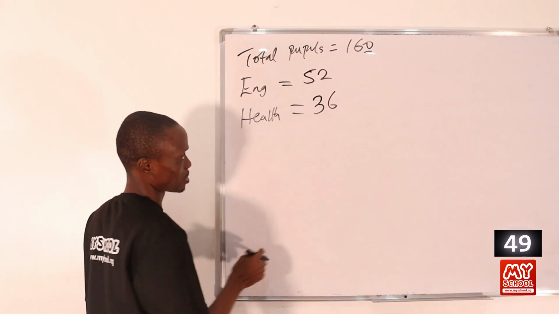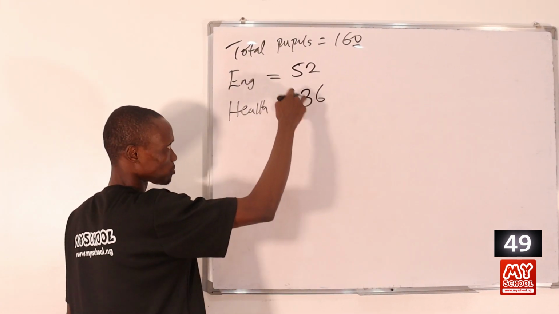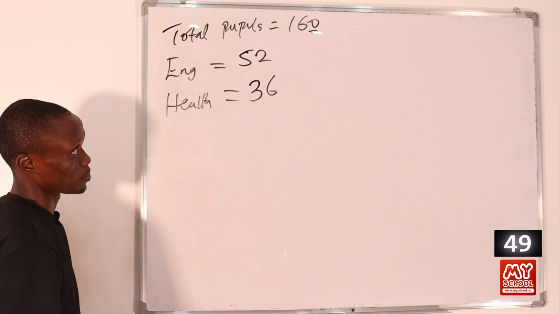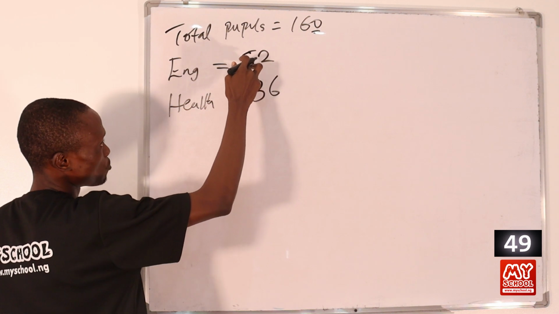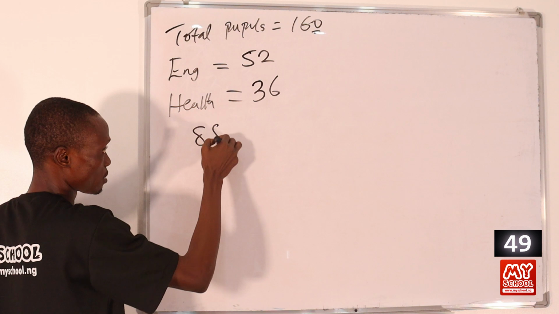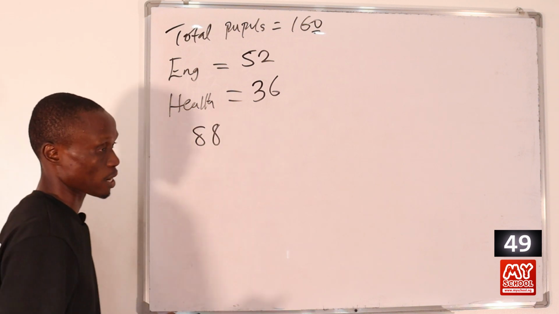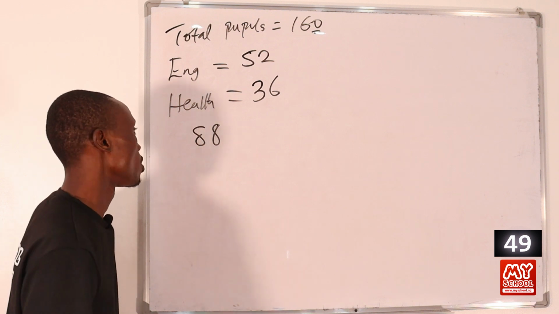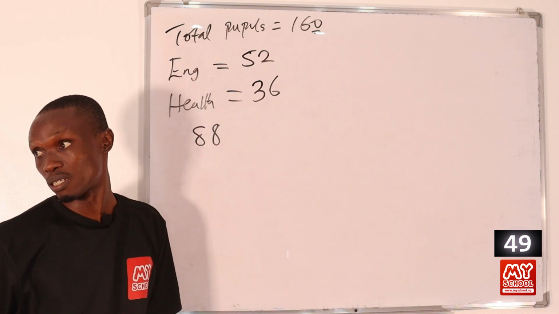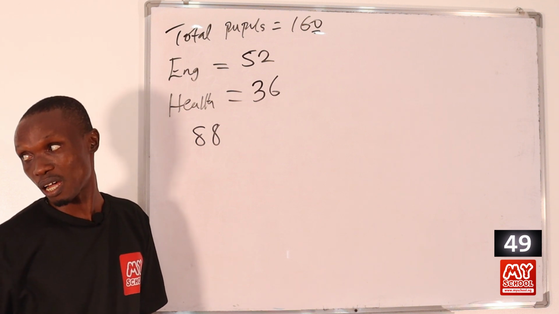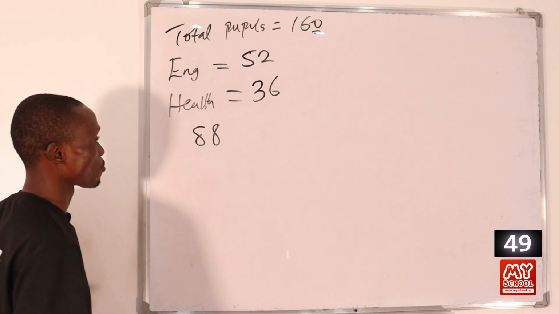So here is 36. Here we can add these together to get the total number of pupils. If we add 52 plus 36 together, that will be equal to 88. Now remember, if we're calculating a percentage, what we simply do is multiply by 100%. We are asked to calculate the percentage of the pupils that have English and health education as their favorite subject.